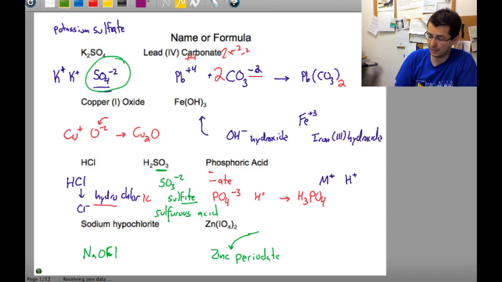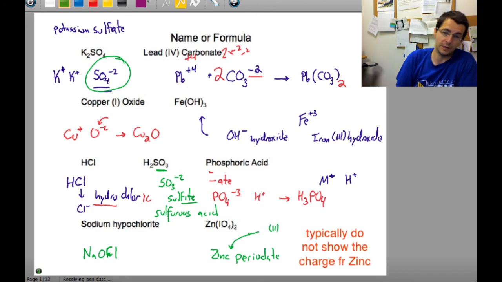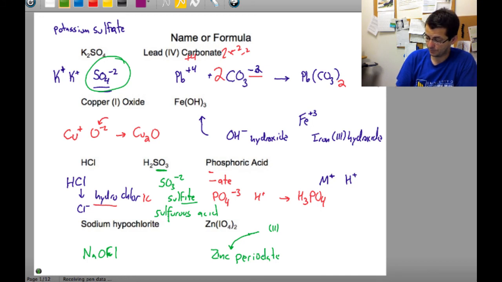Zinc's kind of a special case. It's almost always +2. So we don't need to explicitly show it. So oftentimes it will be left out. Zinc periodate. Again, ideally it should take about 4 minutes, about 30 seconds per.